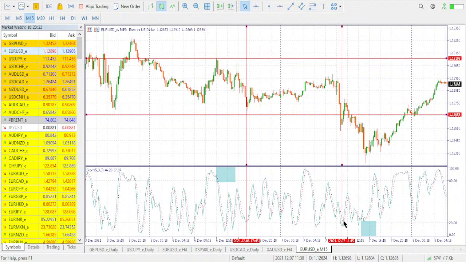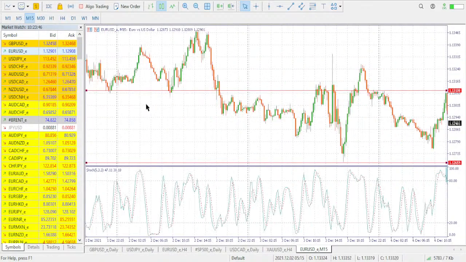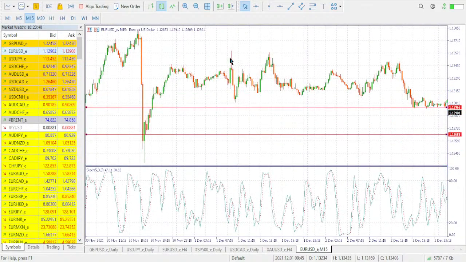Here, the price attempted to go below, but this is not the day's lowest low. The day's lowest low is actually here. Even this did not close clearly below the oversold area. So we'll not focus on that. Let's get another example.